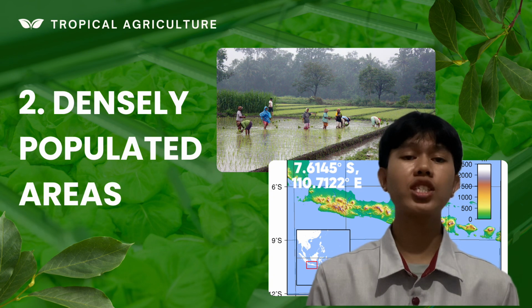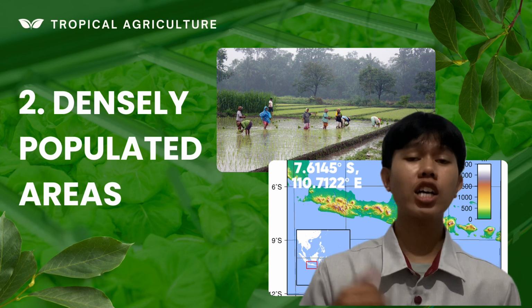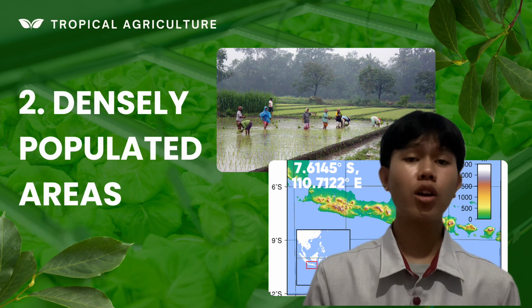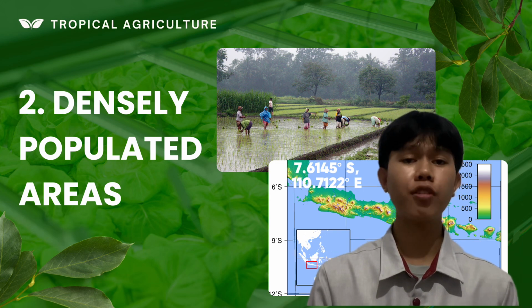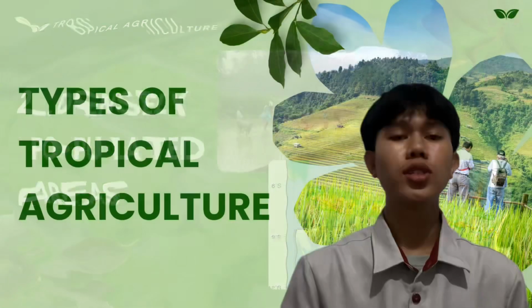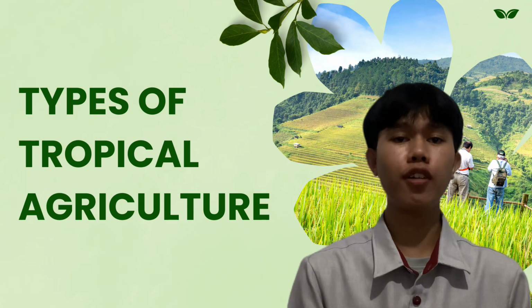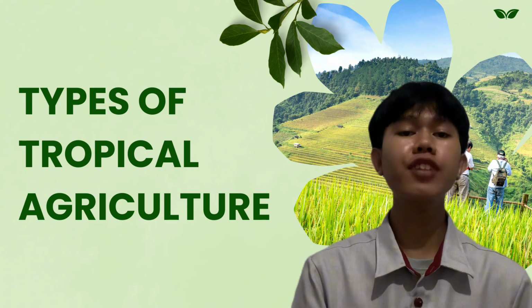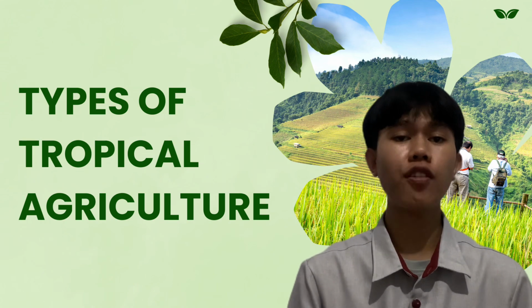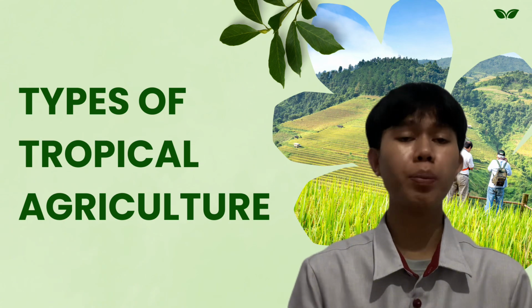Large-scale plantations focusing on cash crops like rubber, coffee, or tea also contribute to the economy and provide employment opportunities. So overall, the interplay of population density, climate, and vegetation significantly shapes the types of agriculture practiced in tropical regions.